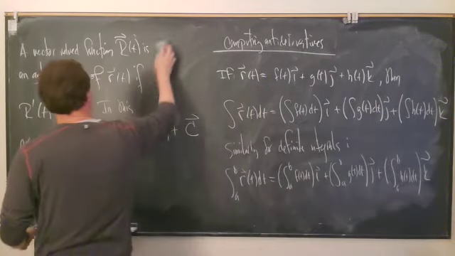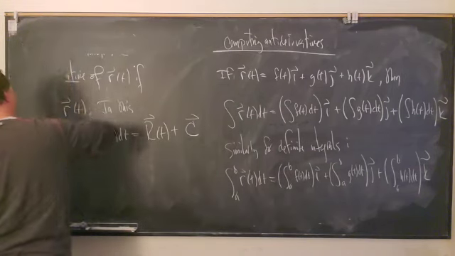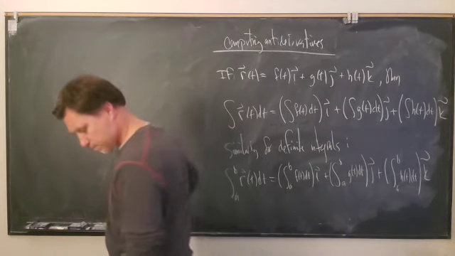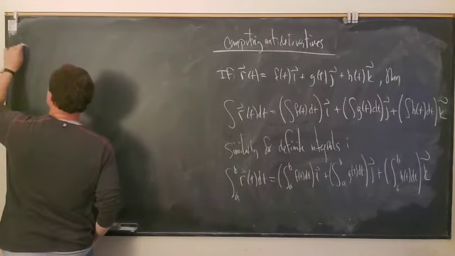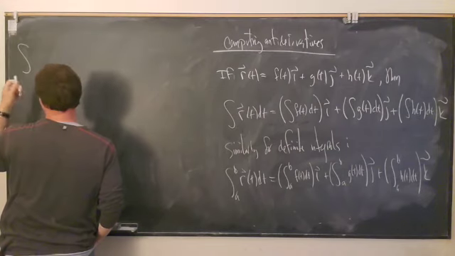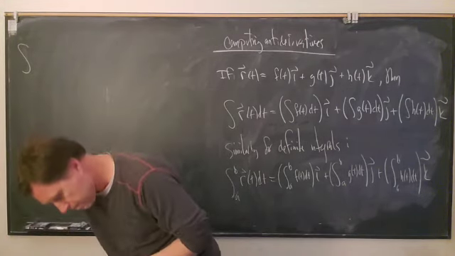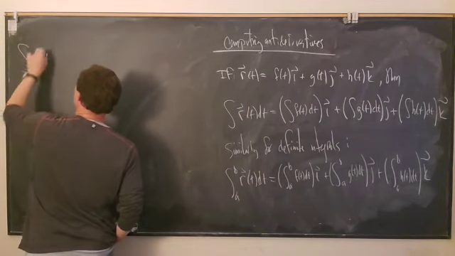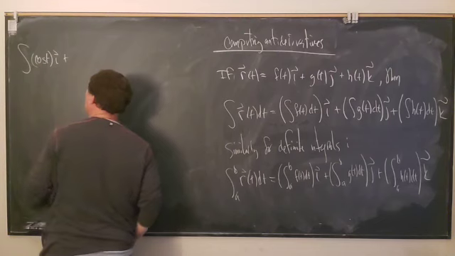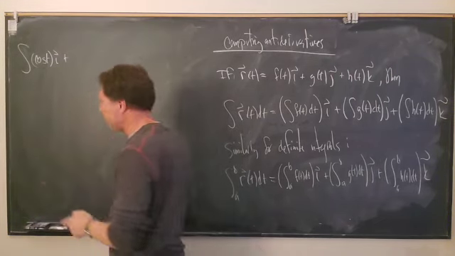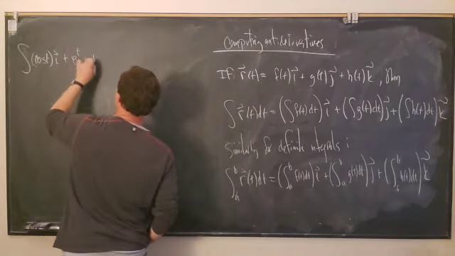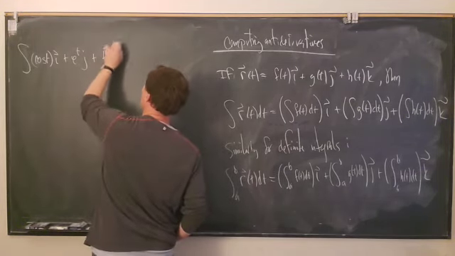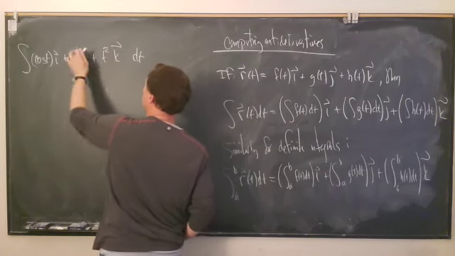So let's try a couple examples here. So let's do the integral, or the antiderivative, of cosine t times i plus e to the t j plus t squared k dt.